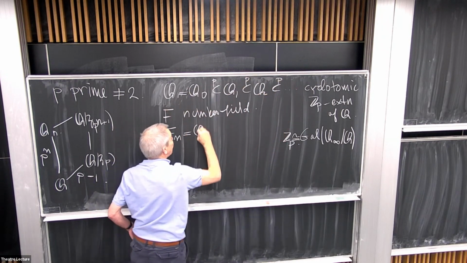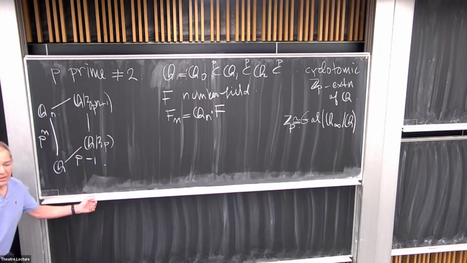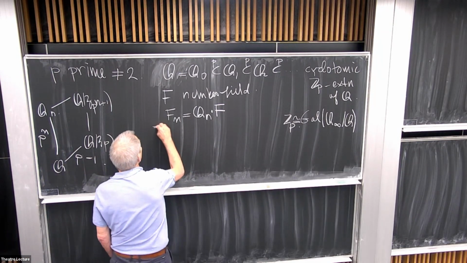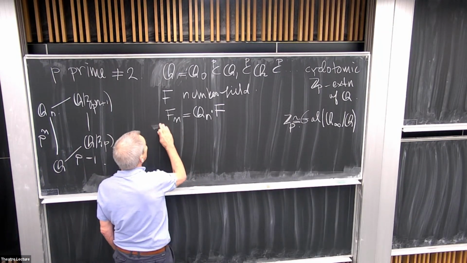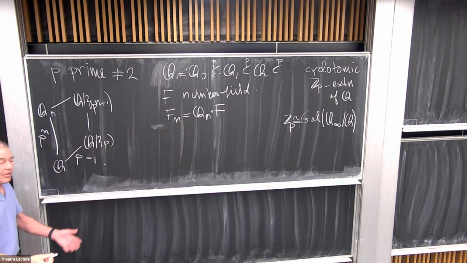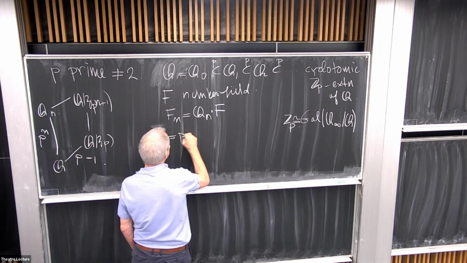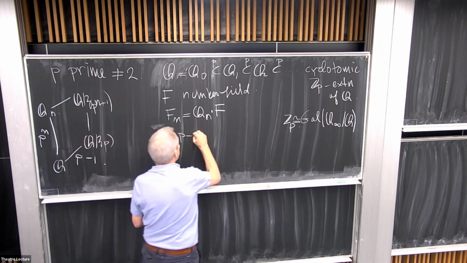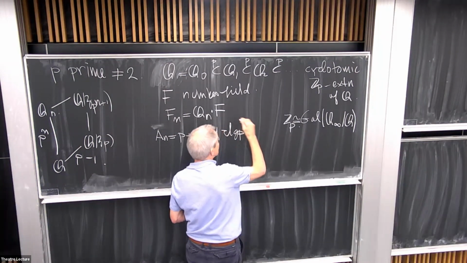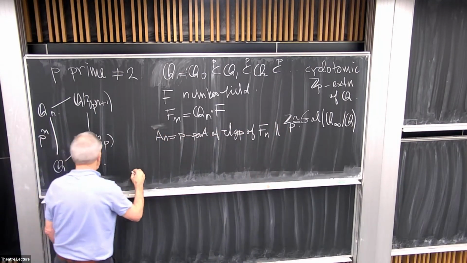So F_n is by definition Q_n times F, and this gives me the cyclotomic Z_p extension of F. The main object of study of classical Iwasawa theory in the number field setting is A_n, which is the p part, same p, of the ideal class group of the ring of integers of F_n.